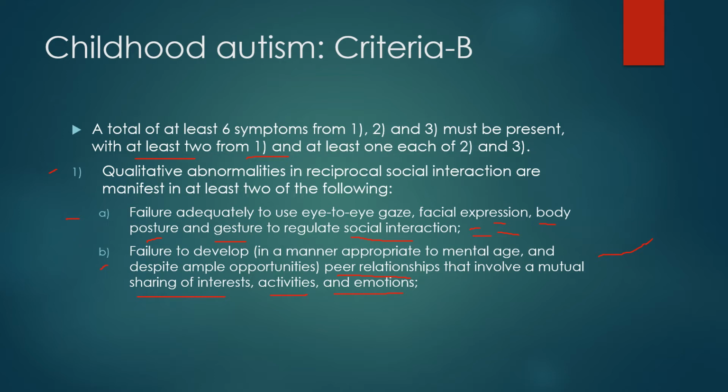So if the person is given enough opportunity and they do not suffer from any kind of mental retardation, and they are given the normal bringing up, but despite that they are having difficulty in making peer friendships of similar age with similar interest and activities, like playing sports and enjoying and laughing and making friendships.